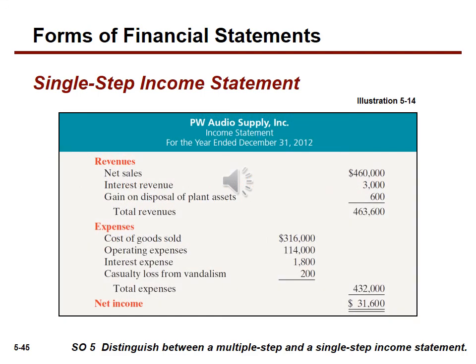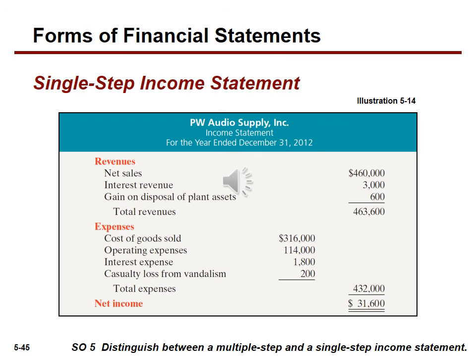Now, if we go back to the same example we covered earlier for PW Audio Supply Inc., if we look at their income statement represented in a single step format, you're going to see that the revenues are all compiled together at the top under the revenues section, including the net sales, interest revenue, and gain on disposal of plant assets.